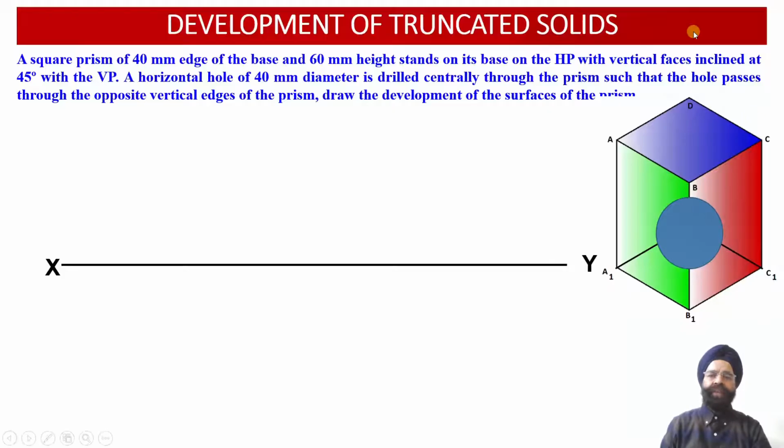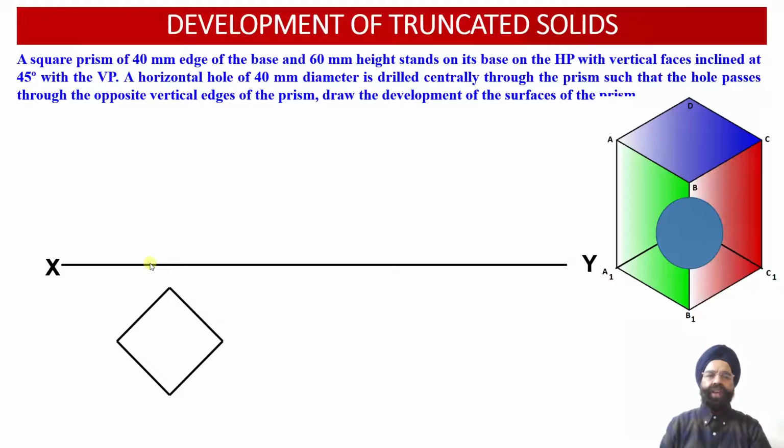To begin with, we are going to start with construction of the orthographic top view projections of the square prism. Here we have oriented the square prism on the horizontal plane in such a way that all the vertical faces or the edges of the base are inclined with respect to the vertical plane at an angle of inclination of 45 degree.